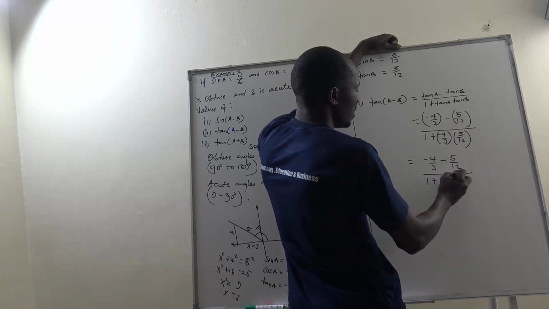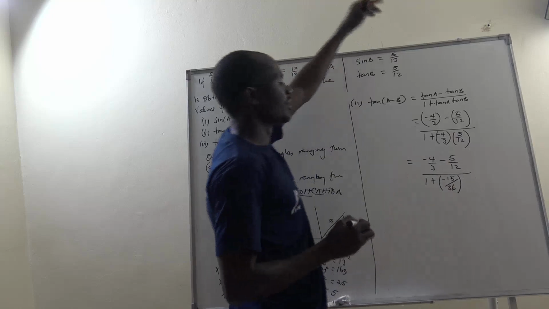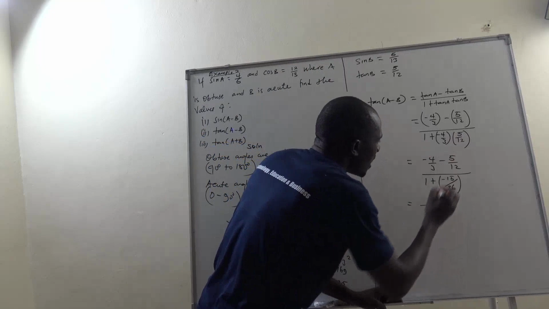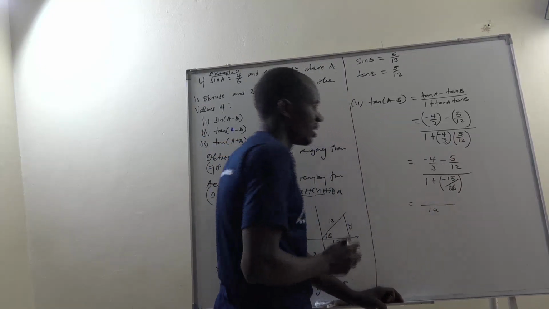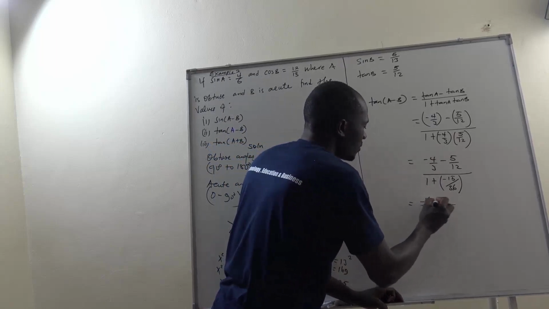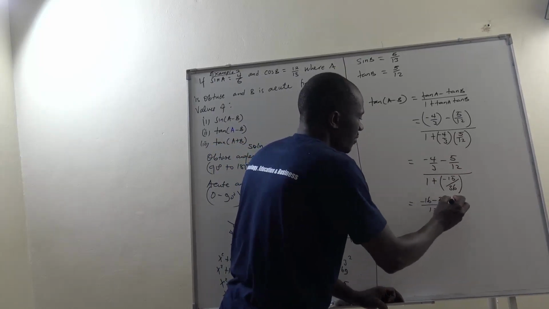So I remain with, well, let me first multiply it like this. It is negative 15 out of this times this, we are getting 36, to ease the work. So can we get the LCM up? The LCM up is already 12. 12 divided by 3, we are getting a 4. 4 times negative 4, we are getting negative 16. 12 divided by 12, we are getting 1 times that, 5.